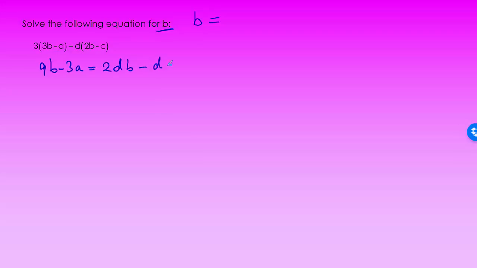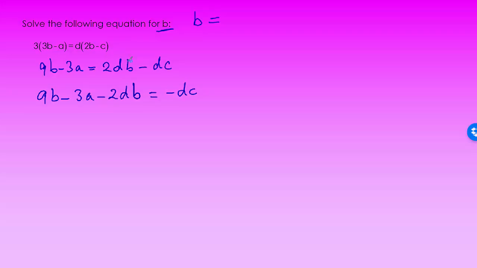minus dc. Now what I'm going to do is make sure all the b's are on one side. So if I subtract 2db from both sides, I get 9b minus 3a minus 2db, and that's just going to be equal to minus dc.